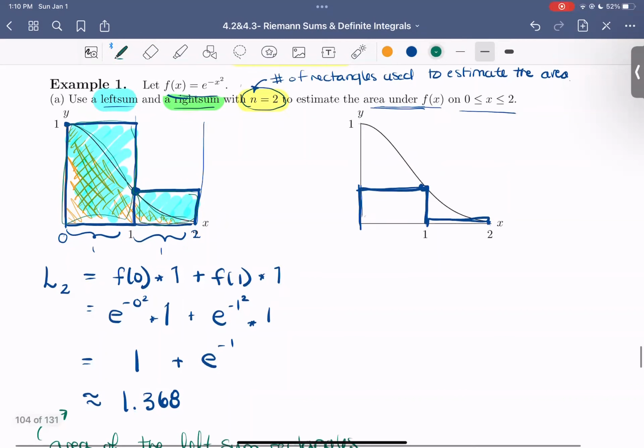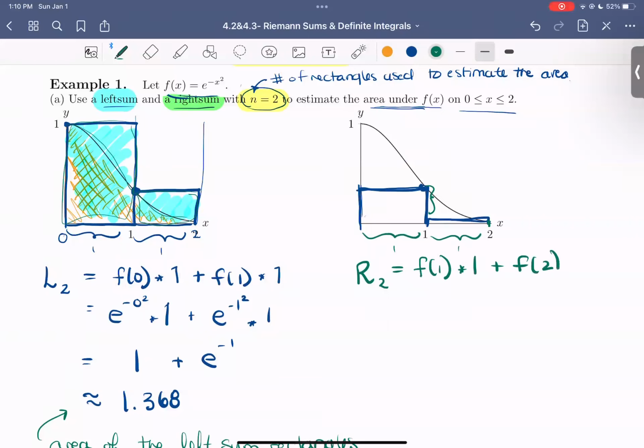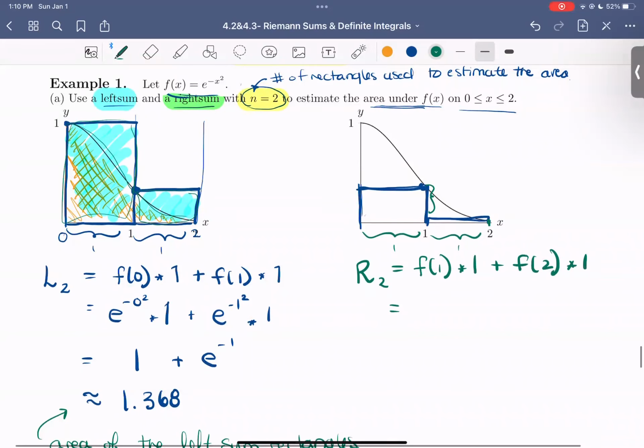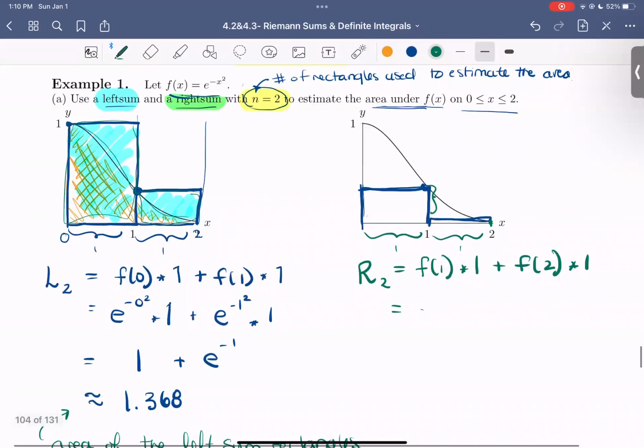All right, so now let's go ahead and compute the right sum using two rectangles. So now we're using the right endpoints. So the height of our first rectangle could be evaluated here using f of 1 times a width of 1. Our rectangles still have a width of 1. Plus our second rectangle has a height of our function evaluated at 2 times a width of 1. So now this becomes, using our formula for our function, e to the negative 1 times 1 plus e to the negative 4 times 1.